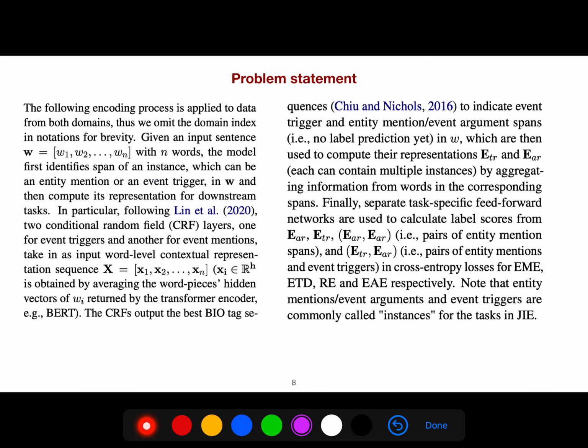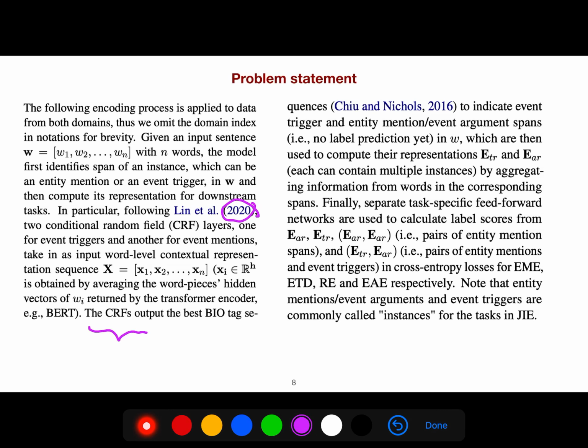So, following this article, there are two conditional random fields, one for event trigger and another for entity mentions, taken as input the word-level contextual representation sequence, which is obtained by averaging the word pieces hidden vectors returned by the transformer encoder.